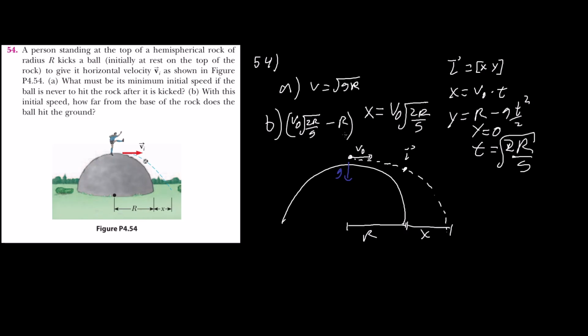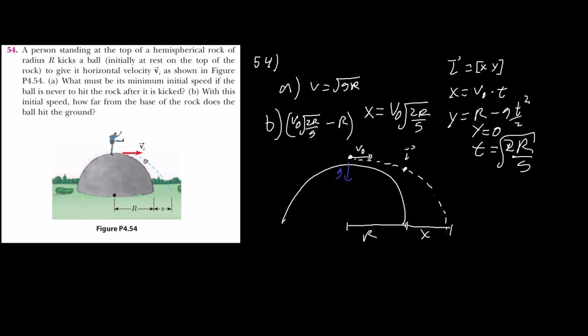I think that's the answer. I'm not entirely sure though, but I can quickly verify this. All right guys, I just checked the answer in the back. I'm pretty sure this is correct.